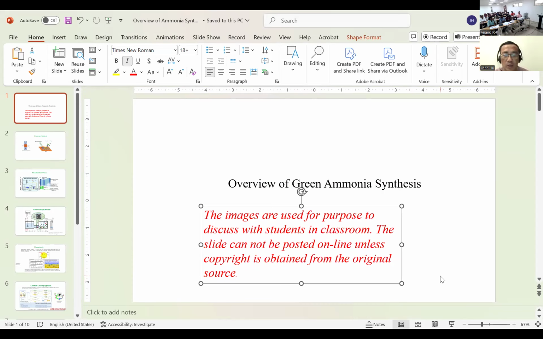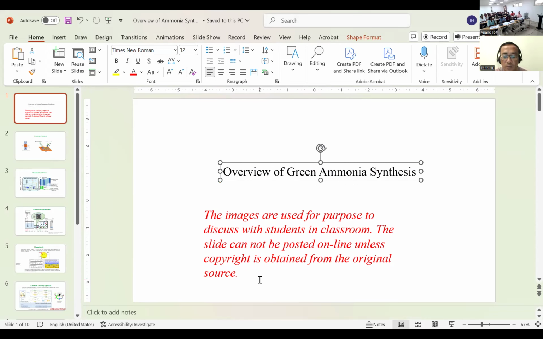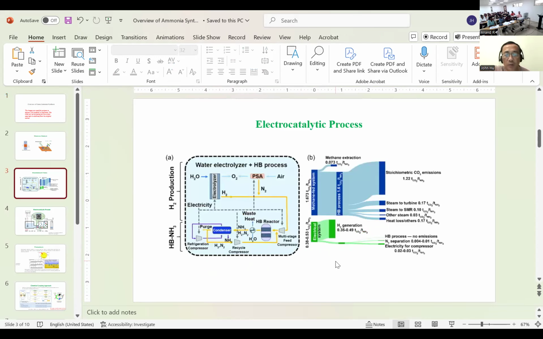But since I'm teaching online, to save everyone's time, I don't want to draw on the slides and waste a lot of time. So I cut and paste from a lot of literature. But since I'm so busy, I don't have time to cite or put footnotes here, for example, that this one is from such and such literature.